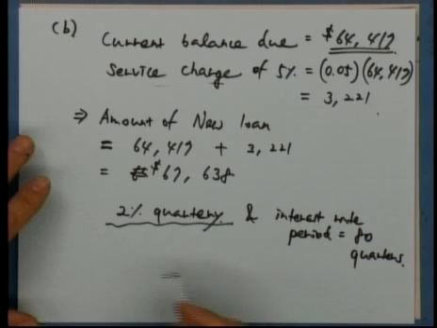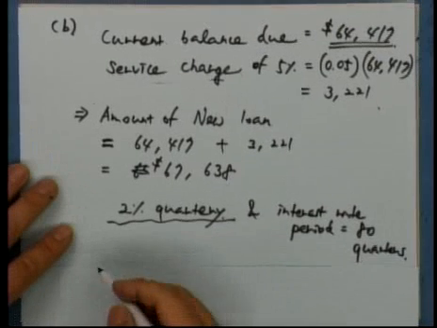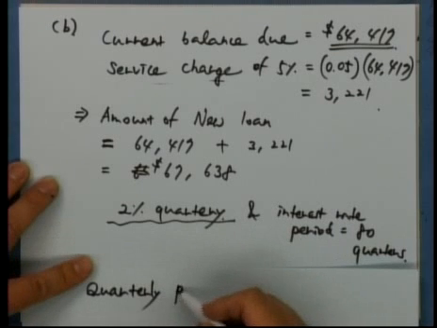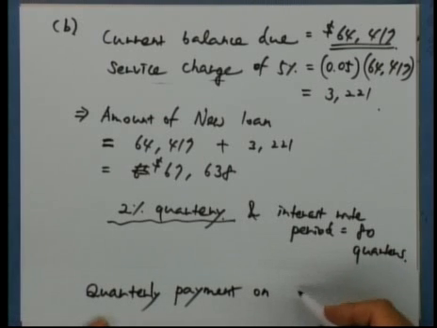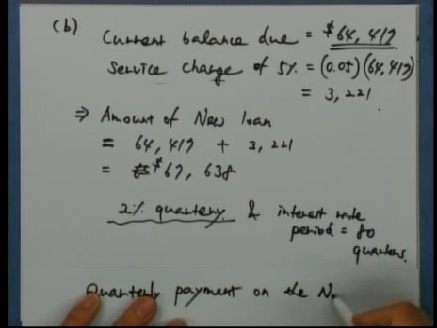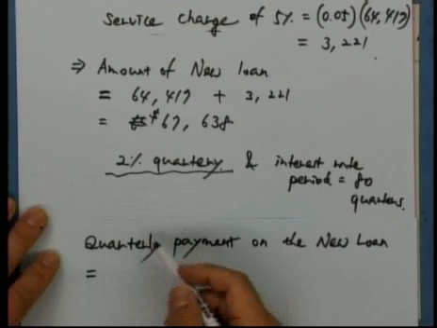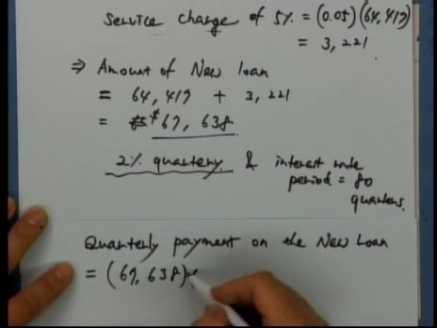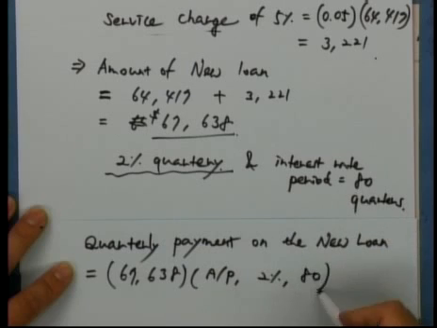So the quarterly payments on the new loan would be this new balance, $67,638 times A given P, 2% over 80 quarters, right?